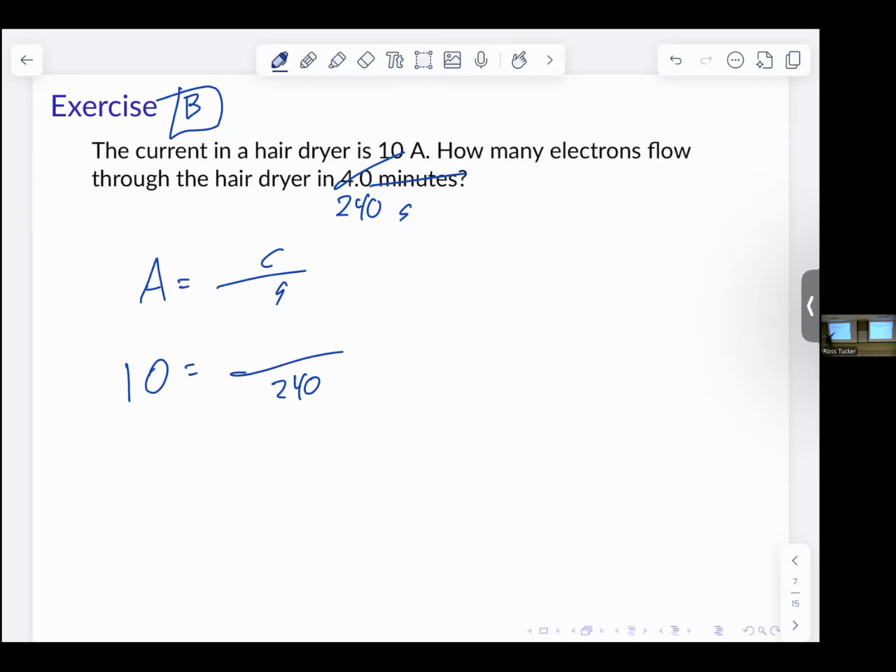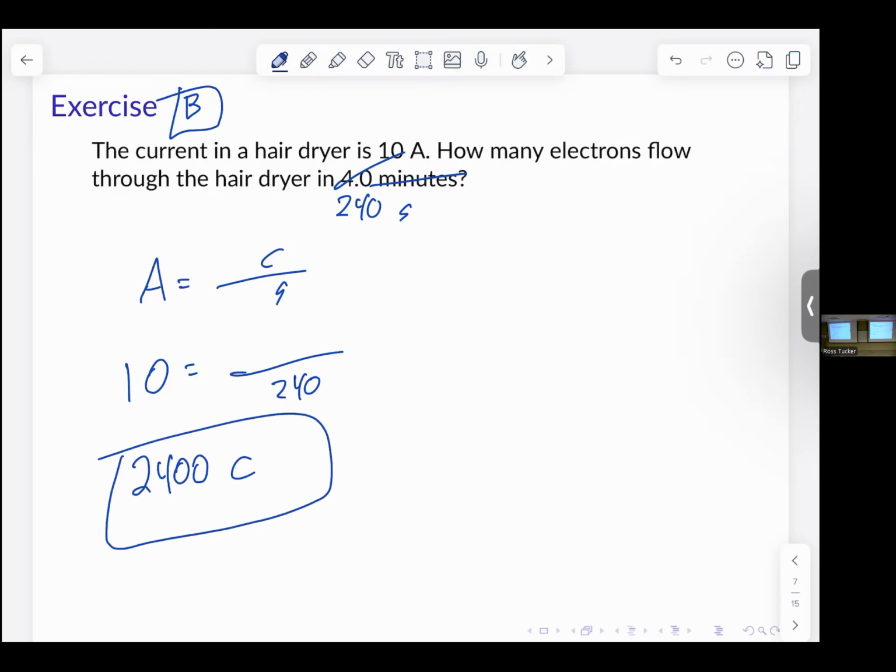What does coulomb measure again? Charge, electric charge. Number of coulombs, number of multiples of that 6.25 number. Okay, so I would say the charge is 2,400 coulombs.